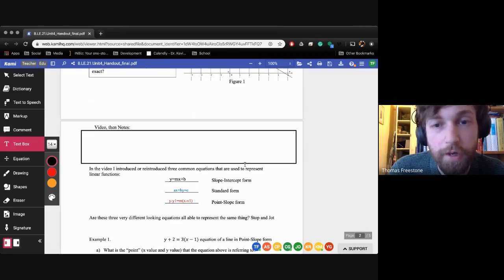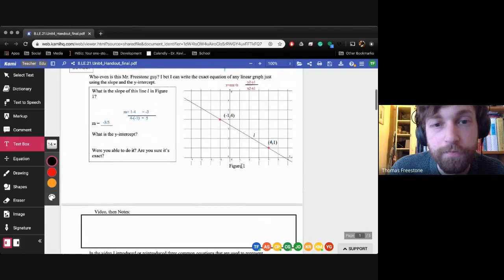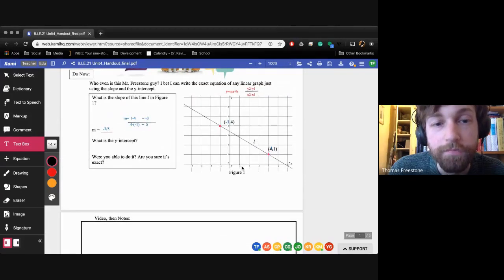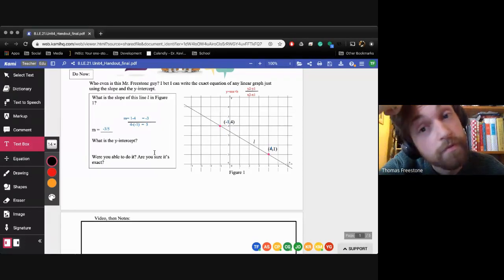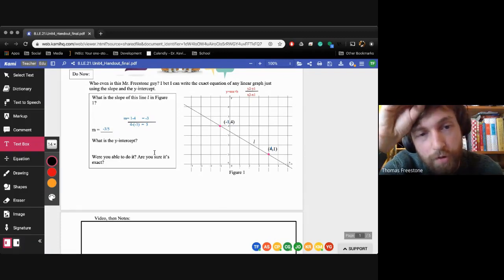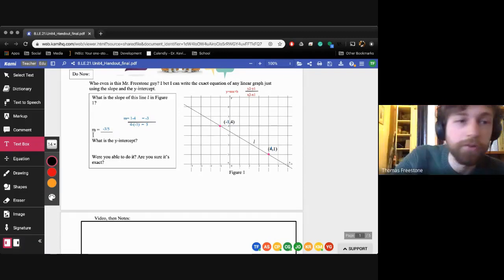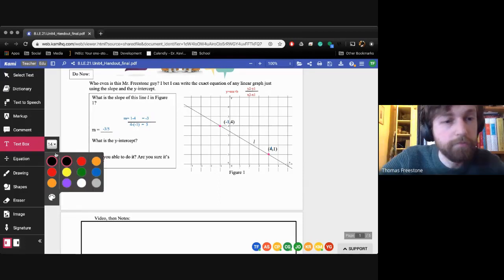So if we go back up to this problem, let's try and finish it. Let's try and figure out what the equation of the line is using point slope form. We know the slope now. So what else does point slope form need? If we have the slope already, what else do we need to grab to finish the problem?